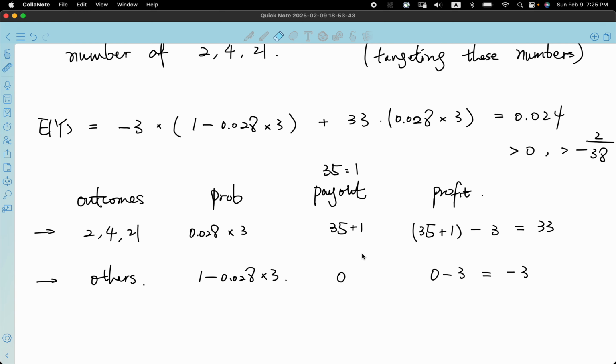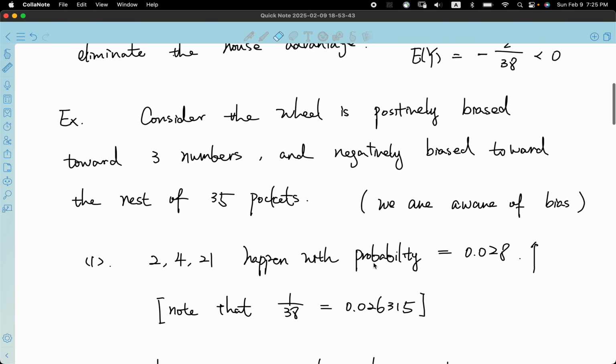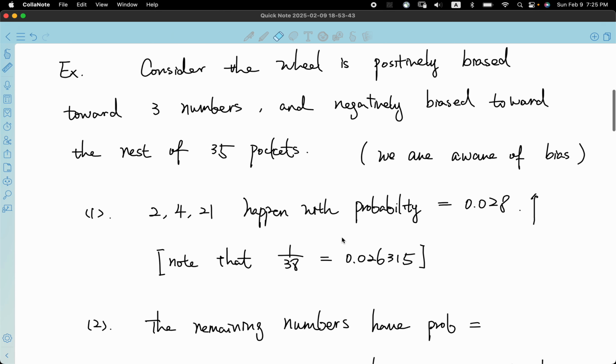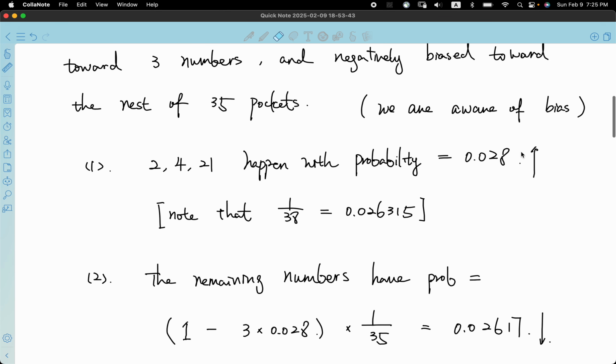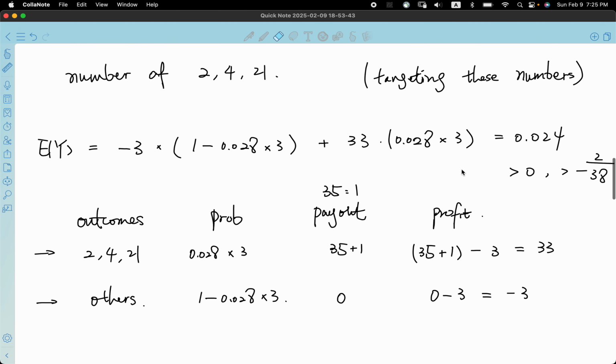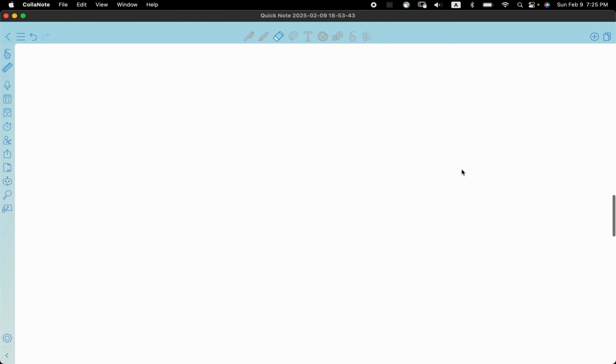In this example we are aware of the bias, and more specifically, we know the probability for the three numbers that are in favor. But right now we are going to ask another question that is different from this scenario. Let me put an example.